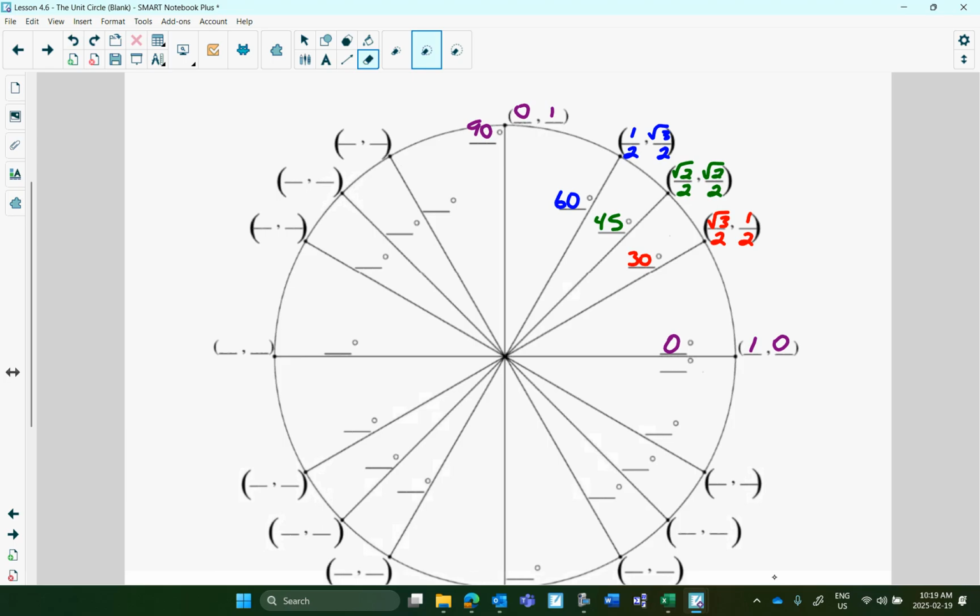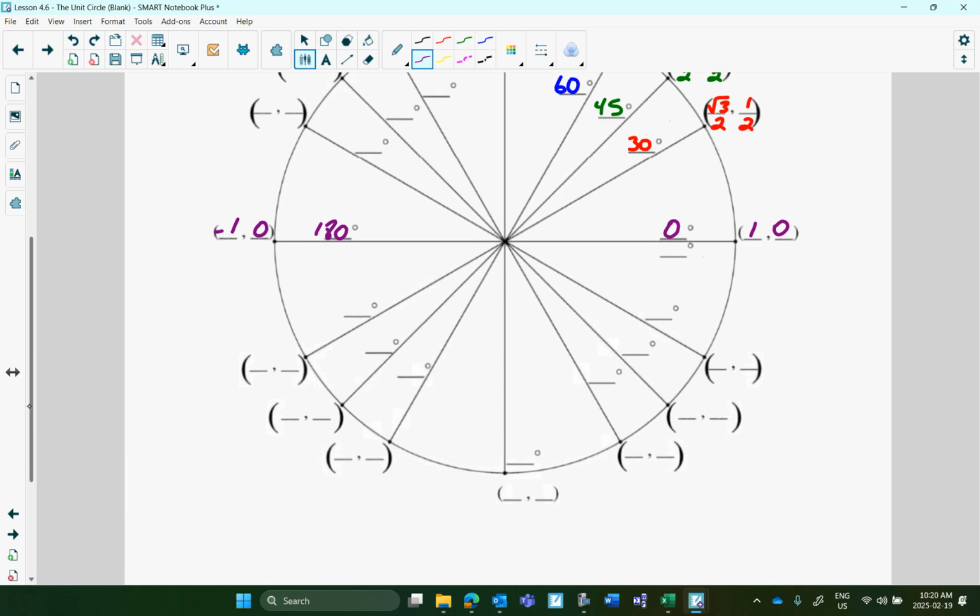So let's look at every 90 degrees. We've got starting at 0, 90. What would this angle be? 180. What's the point on the unit circle at 180? Yeah, because we're going to the left, x is -1 instead of +1, y is still 0. Go down to here, which is 270.